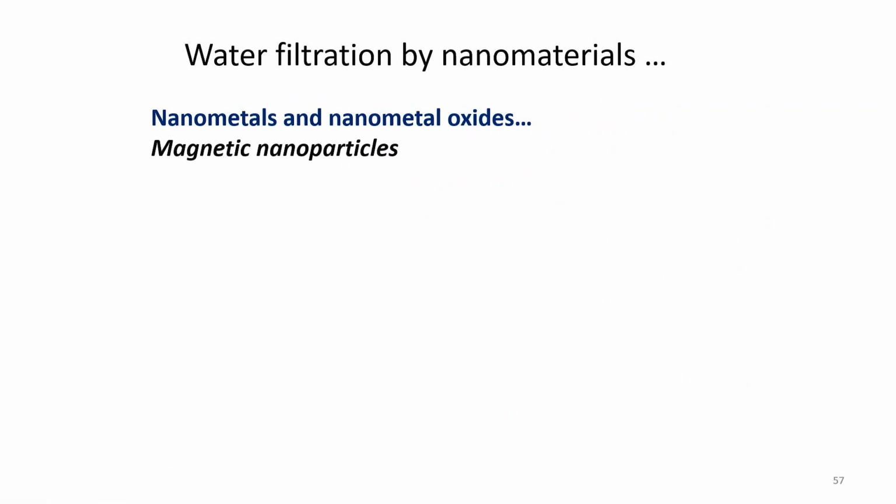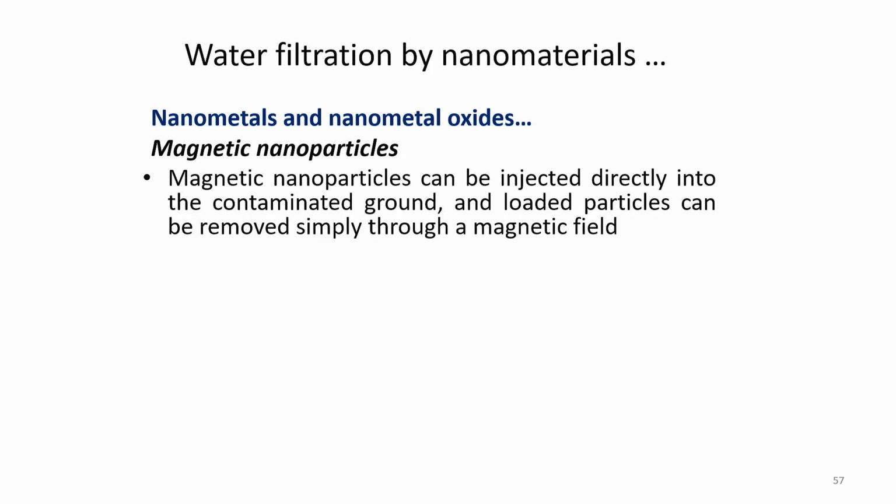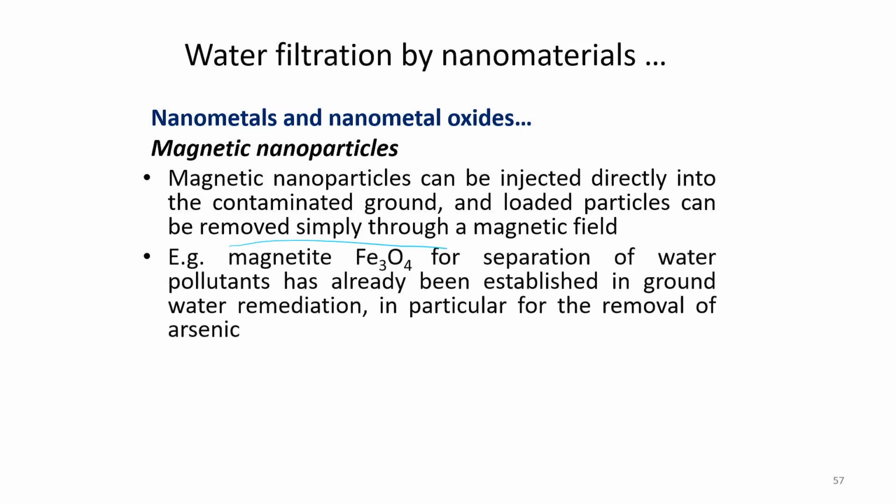And also among the nanometals we can use magnetic nanoparticles. Magnetic nanoparticles can be injected directly into the contaminated ground, so ground contamination we can remove, and the loaded particles can be removed simply through a magnetic field. The use of magnetic nanoparticles for separation of water pollutants has already been established.